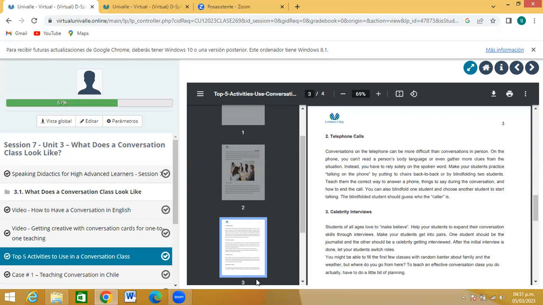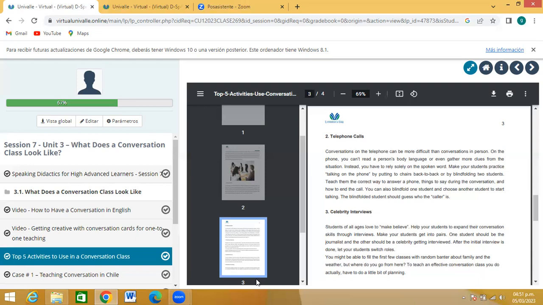Make your students practice talking on the phone by putting the chairs back to back or by blindfolding two students. Teach them the correct way to answer a phone, things to say during the conversation, and how to end the call. You can also blindfold one student and choose another student to start talking.